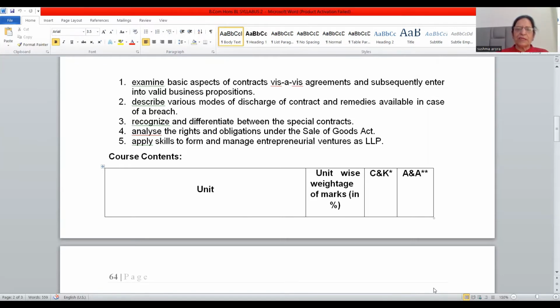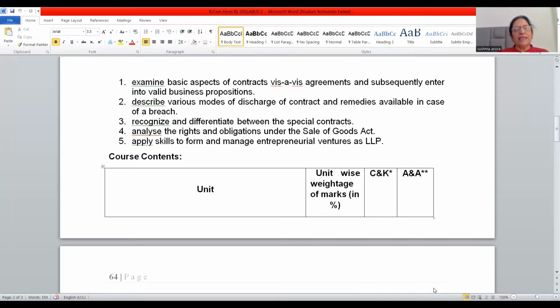So in various aspects of contract, you will be able to know the difference between contract and agreement. And the second outcome is to describe various modes of discharge of contract and remedies available in case of breach of contract. Now, these are the chapters under the second unit, which I will discuss later.